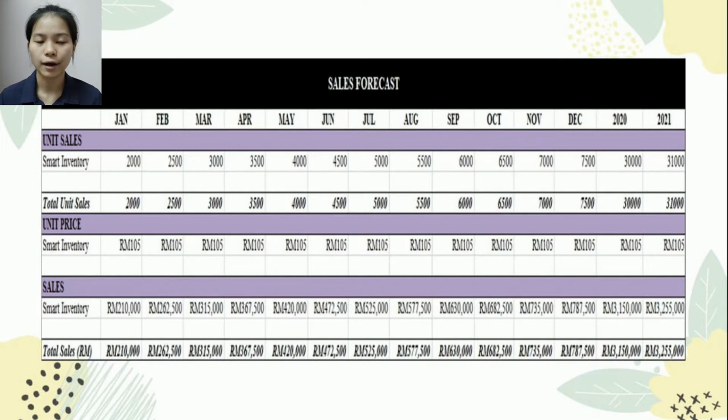So the total sales in January are RM 210,000, RM 262,500 in February, RM 315,000 in March, RM 367,500 in April, RM 420,000 in May, RM 472,500 in June, RM 525,000 in July, RM 577,500 in August, RM 630,000 in September, RM 682,500 in October, RM 735,000 in November, and RM 787,500 in December.